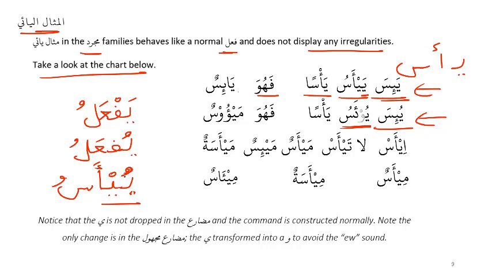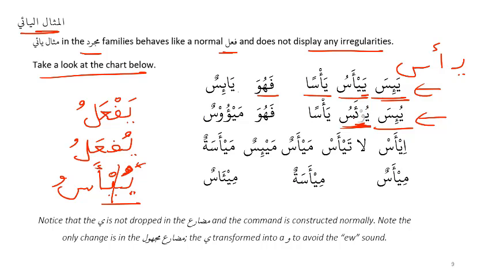So when it doesn't sound good, what do we do? We replace the ya with a waw. How do I know that a waw is going to come here? Because a waw is buddies with dhamma. The dhamma is strong. So notice instead of the ya, even though the ya is a root letter, that root letter is replaced by a waw, because after a dhamma, waw is smoother.